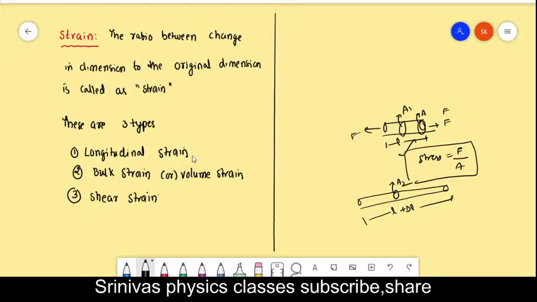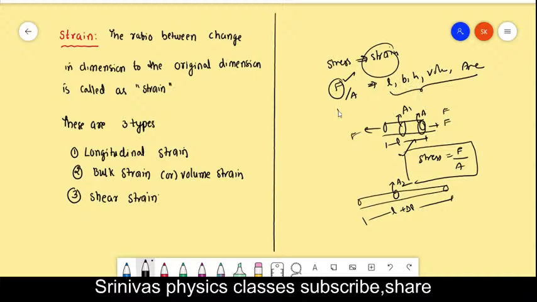Actually, stress is also three types. When you apply the stress, then strain will occur. Strain means length changes, breadth changes, height changes, volume changes, area changes, shape changes. These changes in dimensions occur due to the stress.